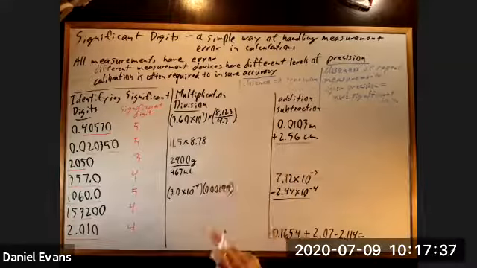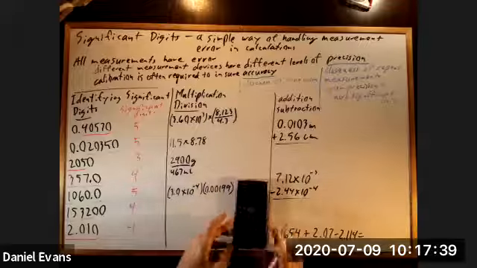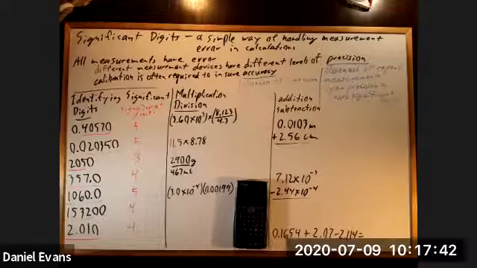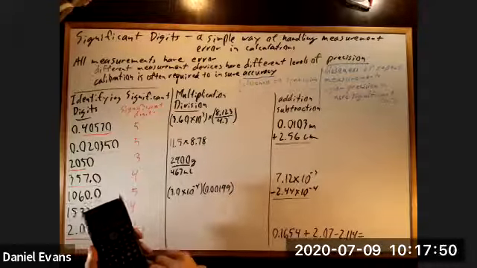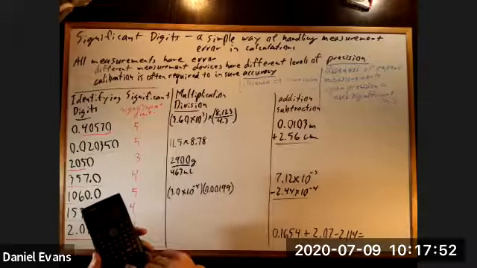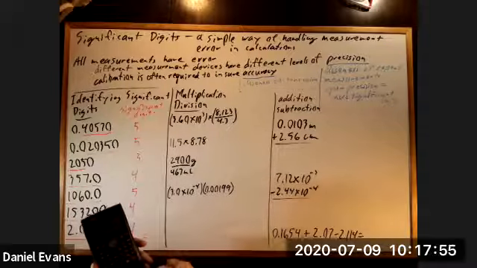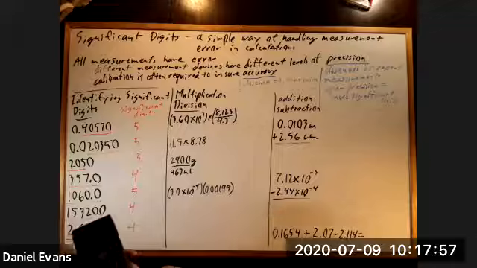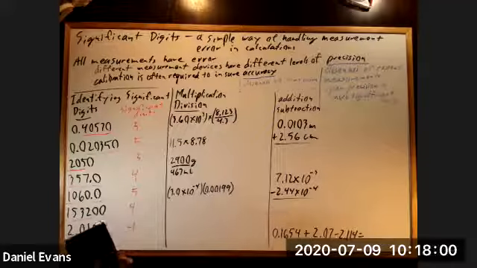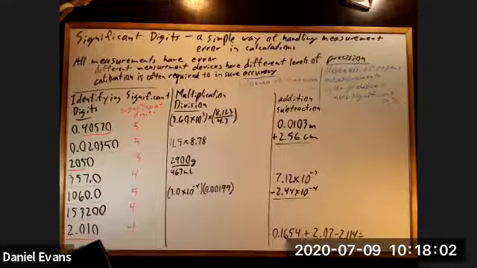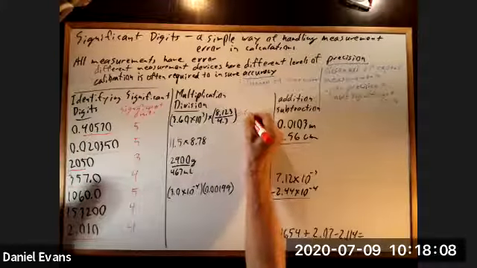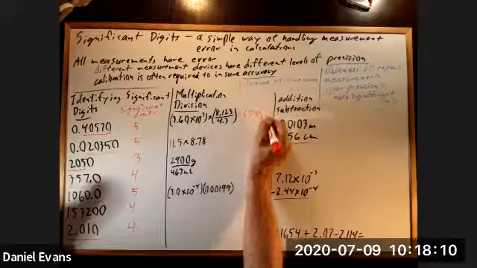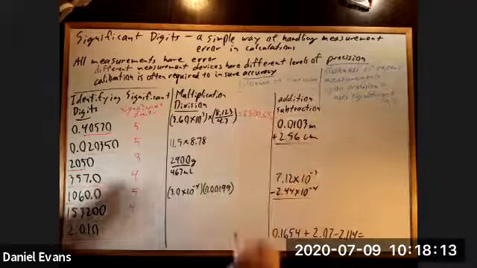Now, division is easy because we can just run it through our calculator and then look at the numbers to figure out the significant digits. So we got 3.60 times 10 to the third times 8.123 divided by 4.3 equals, and gives me 6800.65, and it continues on from there.